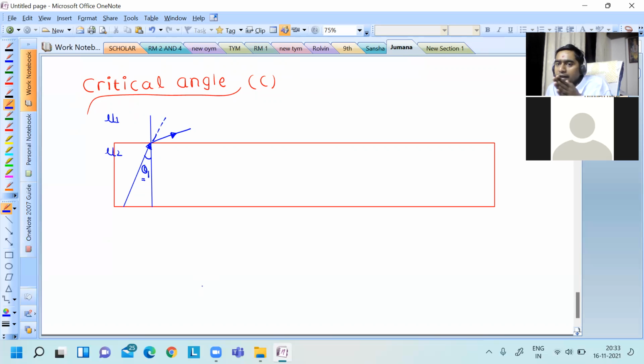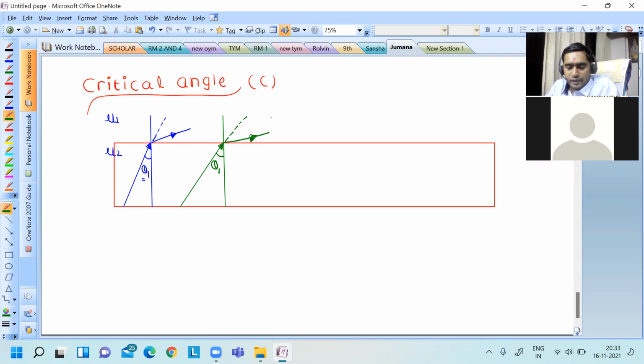So if I increase my angle of incidence in the denser medium, then in the rarer medium it must increase to maintain its condition. Let me incident again with a little bit more angle. Now I just increased the angle of incidence, so this light will bend more.